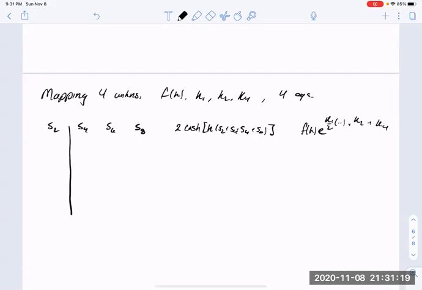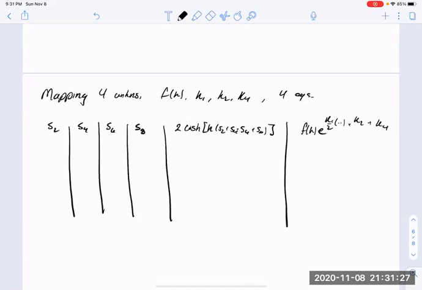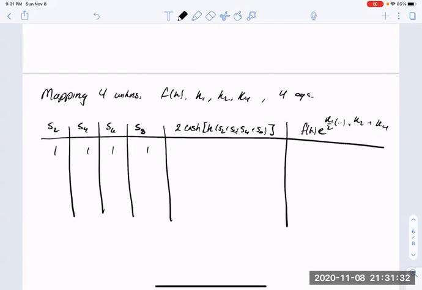Well, one possibility is that they're all the same, they're all up, say, in which case I'll have twice hyperbolic cosine of 4k. I'll have an f of k, which is spin insensitive, times an exponential of 2k1 plus 2k2 plus k4.